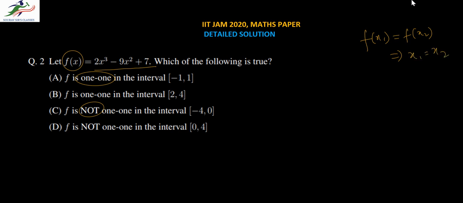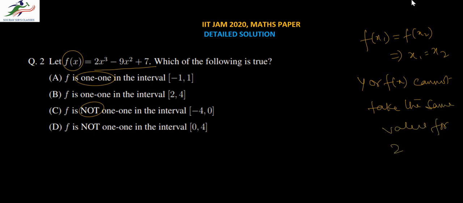But what is it in very simple terms? In very simple terms, it means that y or f(x) cannot take the same value for two different values of x.